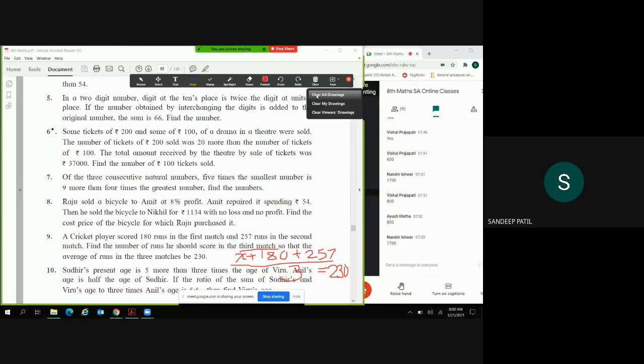So I will write in a clear way here. x plus 180 plus 257 divided by 3 is equal to 230.